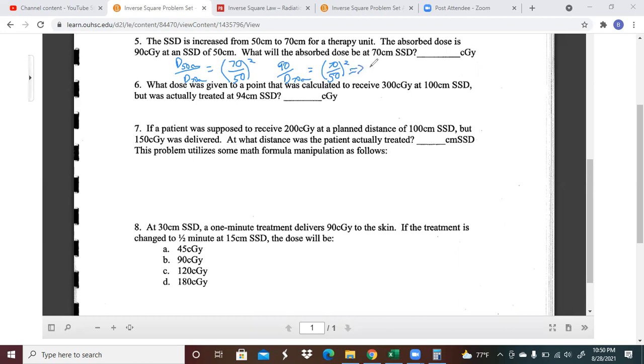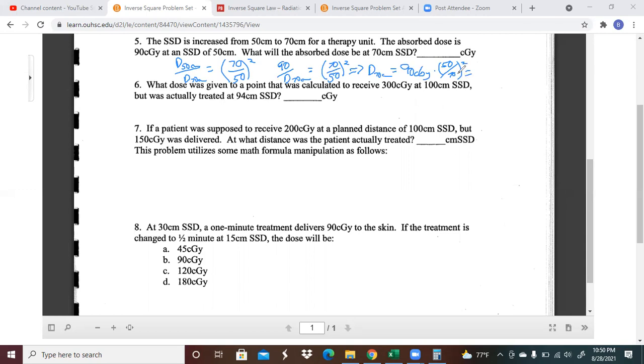This is the same thing as saying the dose at 70 cm is going to be 90 centigray times this.